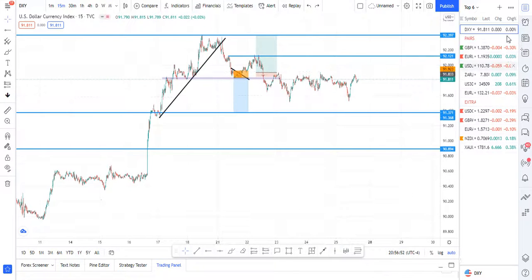This is the DXY. As you can see, most of my currencies have the US dollar in them, and the rest are indices, ZAR/JPY and EURJPY. But ZAR/JPY, I don't really trade that much.